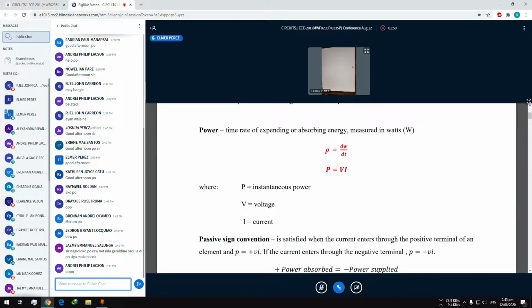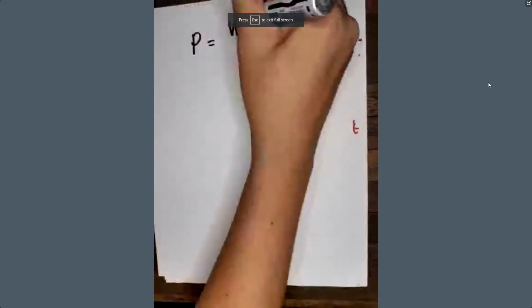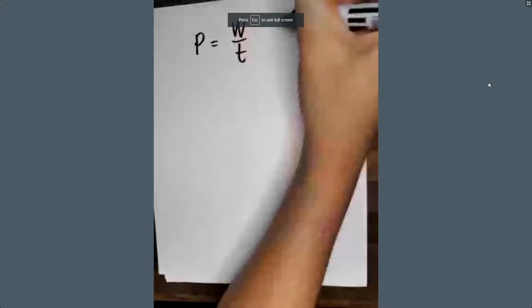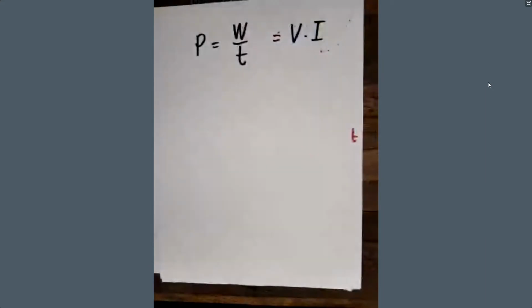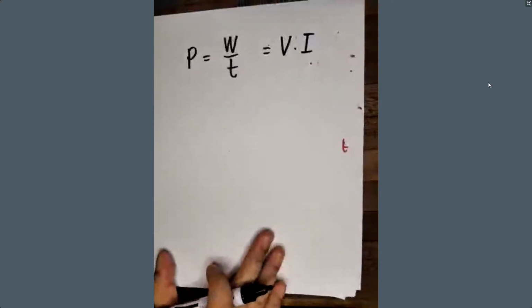Okay. Ngayon, paano ang power ay naging equal to VI? Power is work over time. Paano siya naging equal sa V times I?